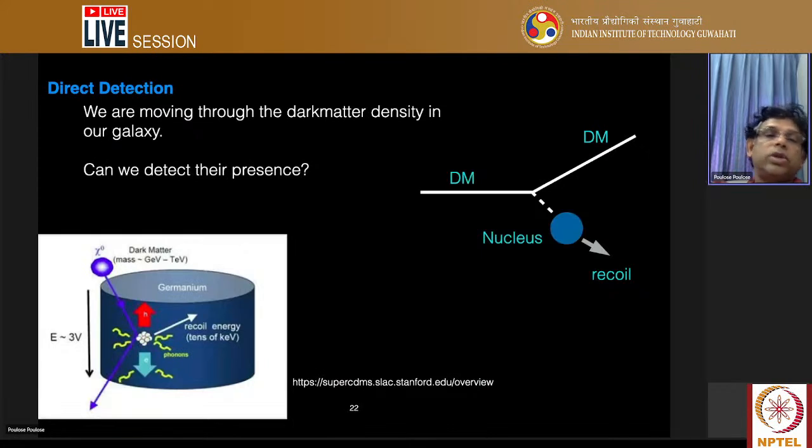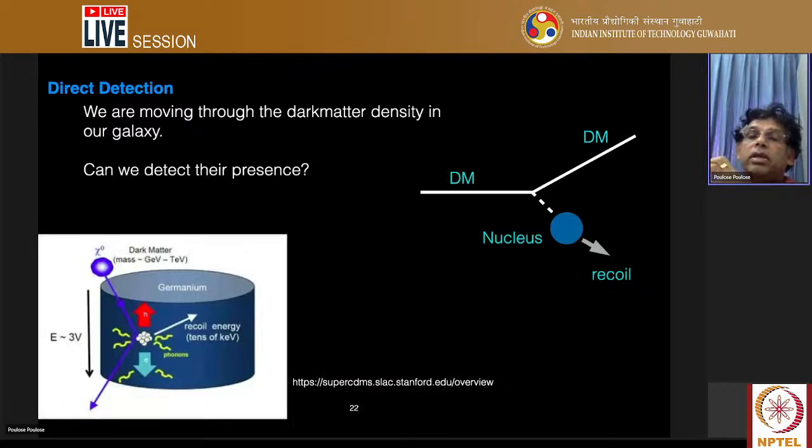Essentially, the idea is you take a large amount of some clean material with nuclei, and then you can calculate whether some dark matter is interacting with this nucleus. What you think about is some kind of energy exchange between dark matter and the nucleus.